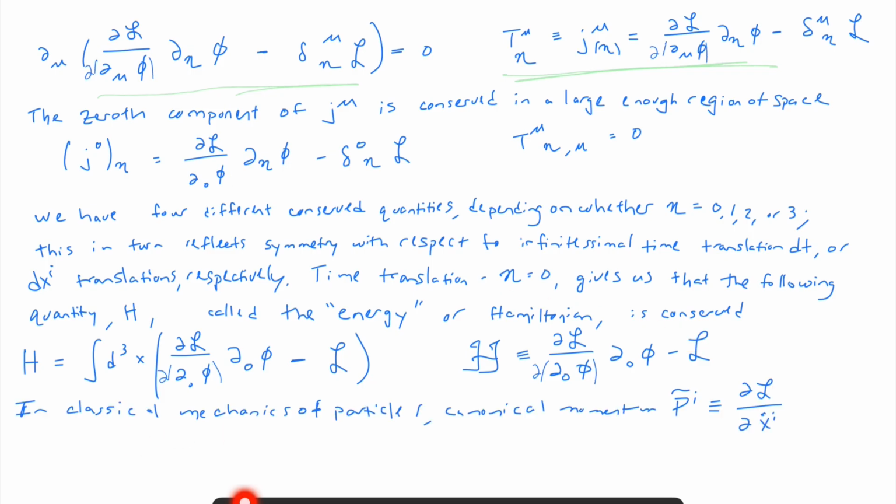One other big thing I will say is that in classical mechanics of a particle, this quantity is very important: the partial derivative of the Lagrangian with respect to x dot. That is called the canonical momentum.